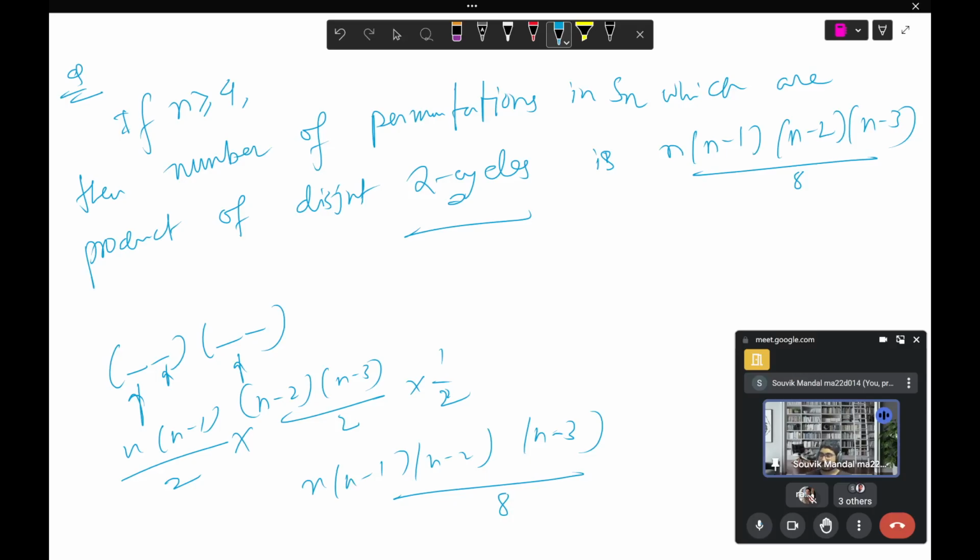So this is the argument. It's like the previous problem. Do you understand? Okay.